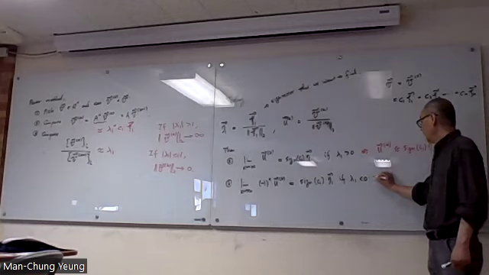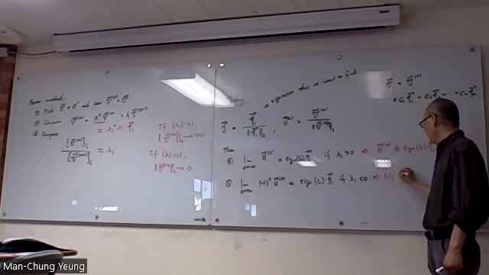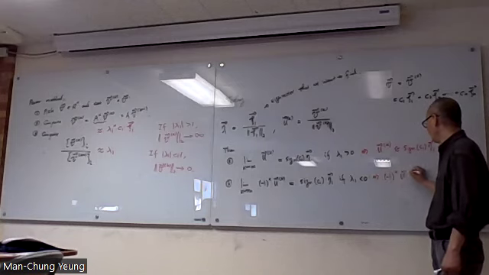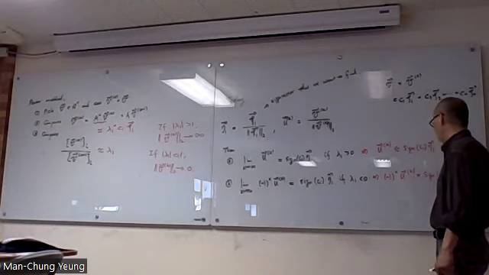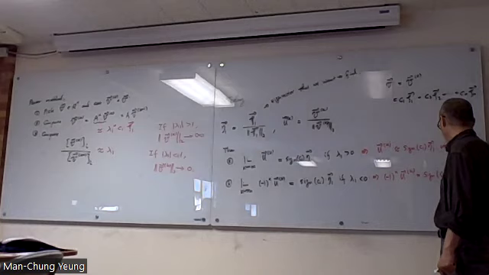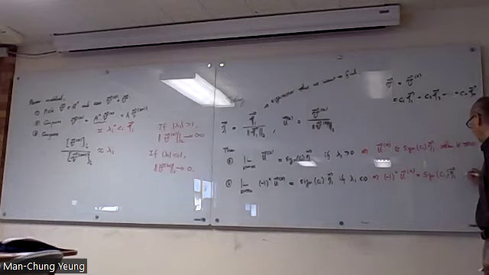Here, u k is sine C1 eta 1, right? When k is very large.